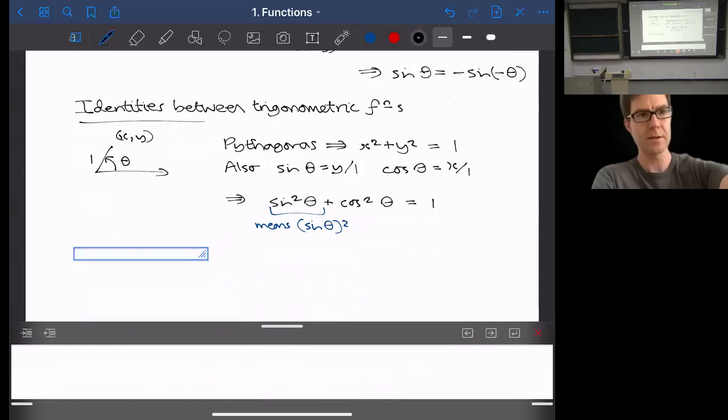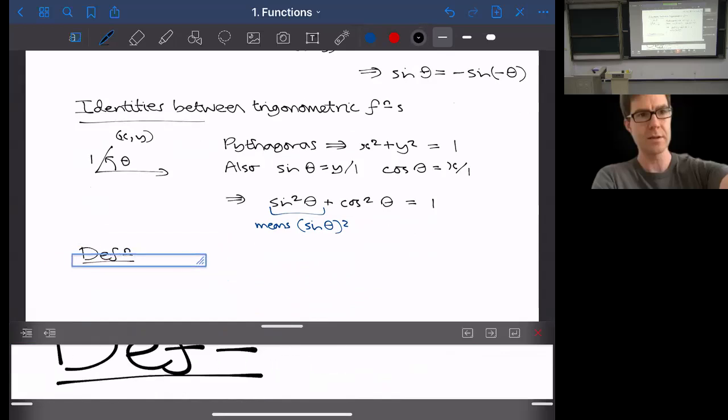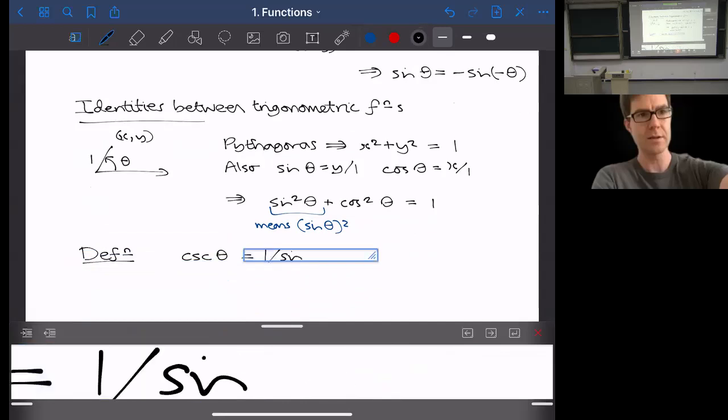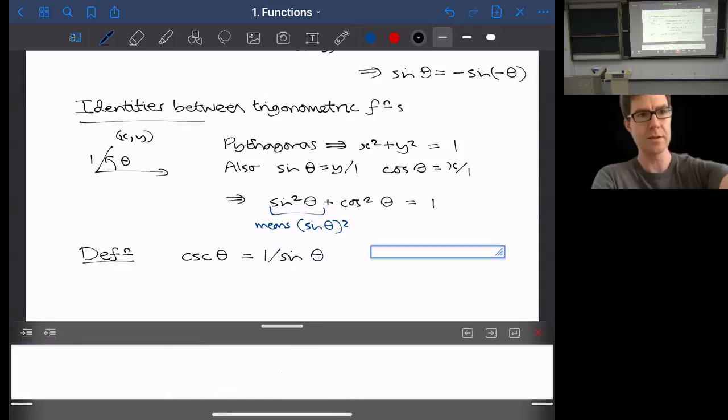Okay, so some more trigonometric functions. The cosecant of theta is 1 over sine theta.